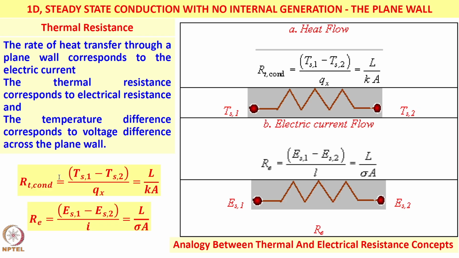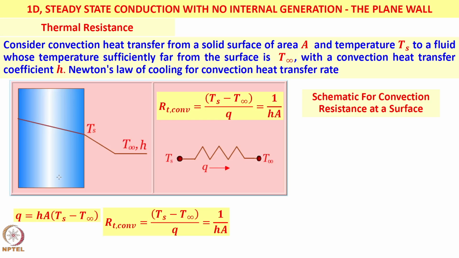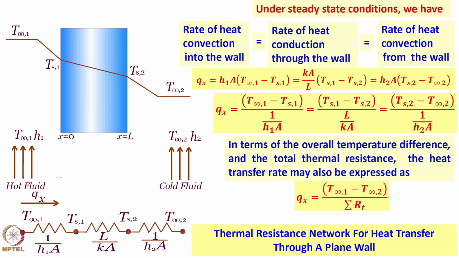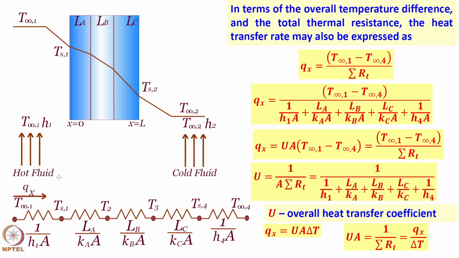These are analogies, and this is your thermal resistance convective, this is a single plane wall, this is the idea of total thermal resistance. Now, this is the composite wall which I have used, and one very important thing. This is extremely important, the concept of U, which I am going to explain now.